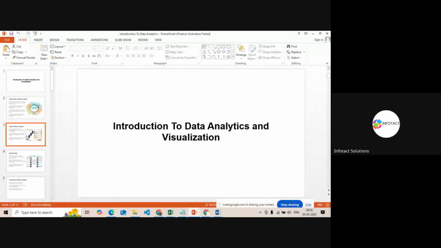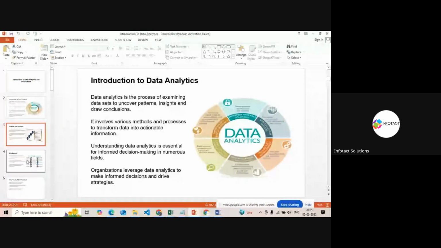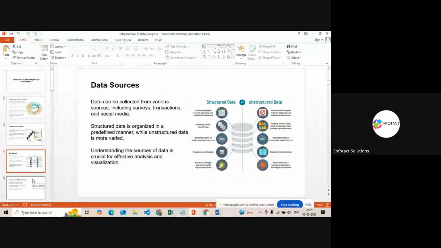So types of analytics we already have discussed, right? What is the importance of analytics? All those topics are to be discussed.